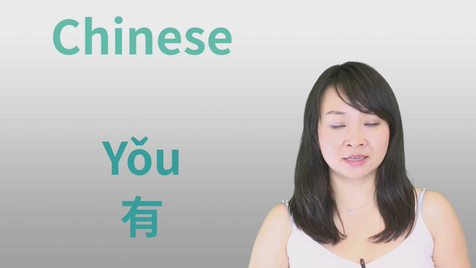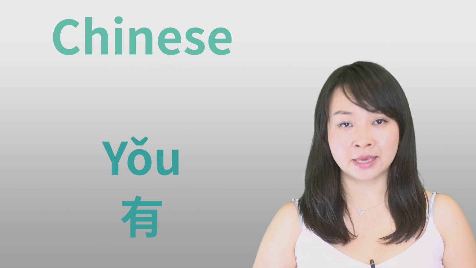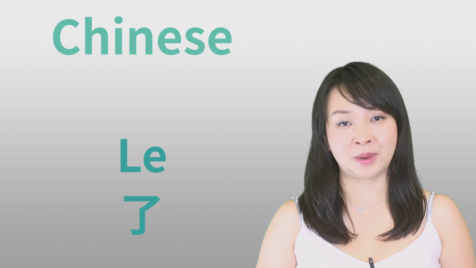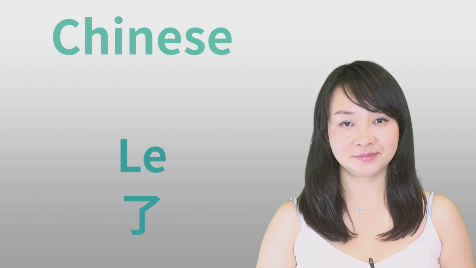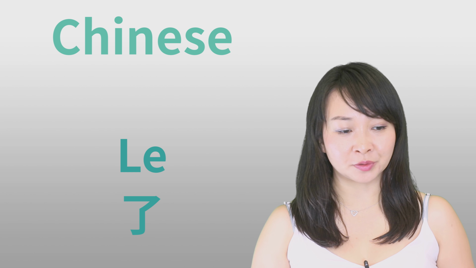Okay, and in past tense, in English you say had, right? I had. But in Chinese, you just say 有. For past tense, you simply add le in the sentence, right? We don't change it.